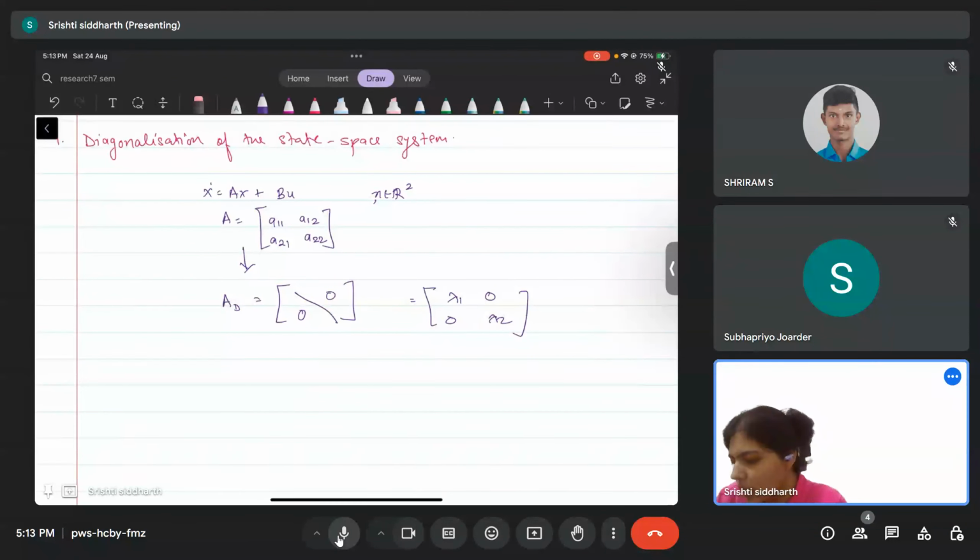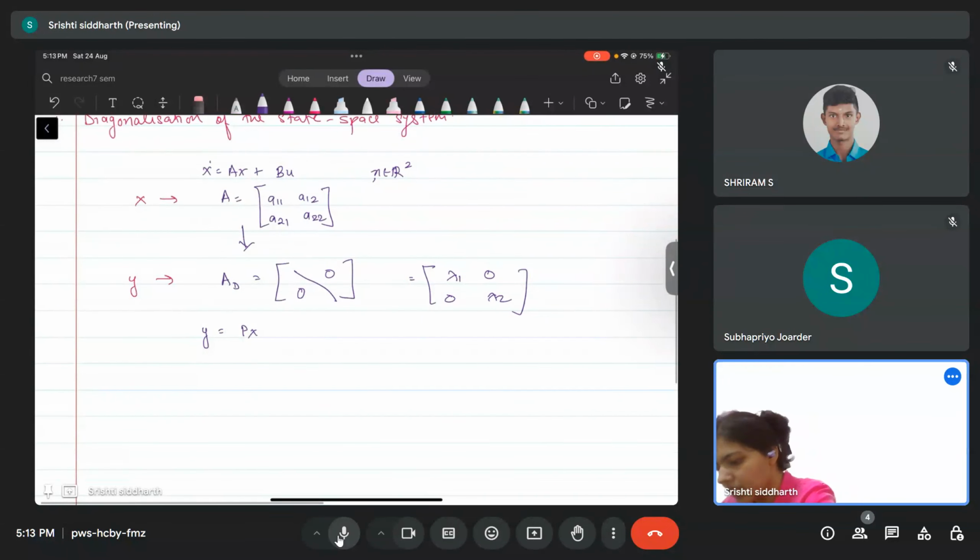Alright. So we have some states x for this model, and when we change the matrix A, we have some states y. So we need to find the relationship between x and y. For example, the new state y is some transformation P which acts on x.